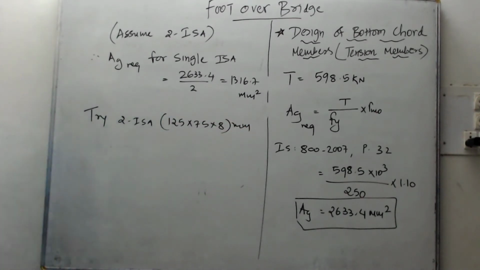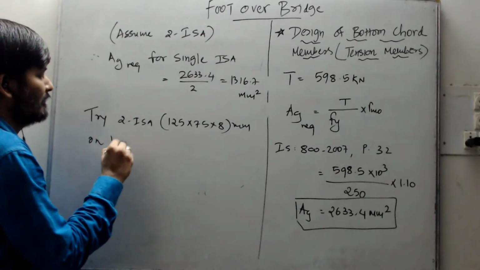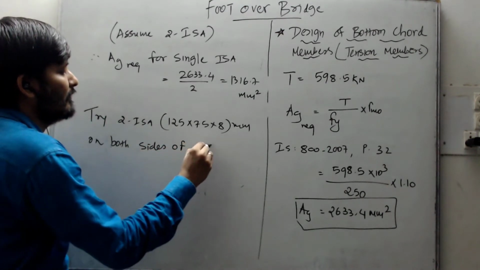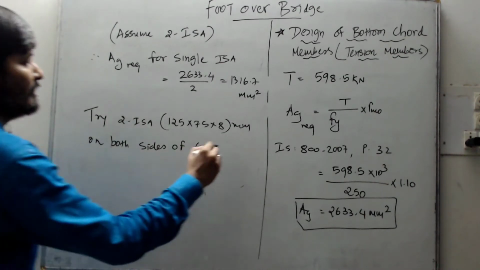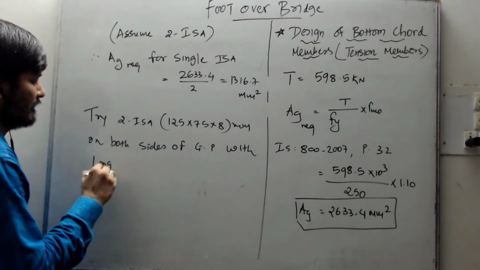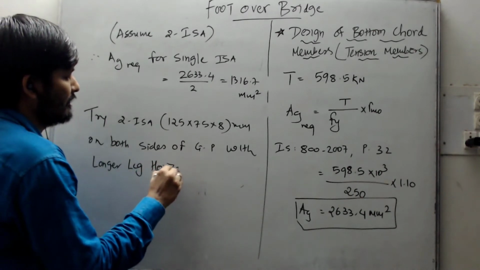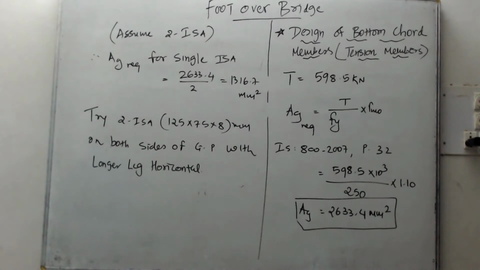These are the dimensions on both the sides of gusset plate. GP means gusset plate, with longer leg horizontal. Right, so we have selected a section.